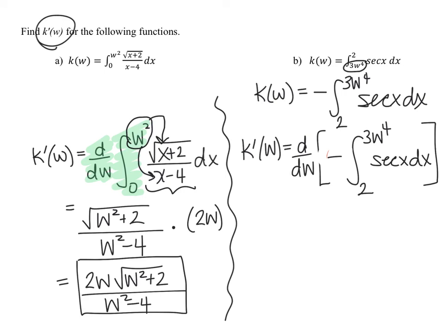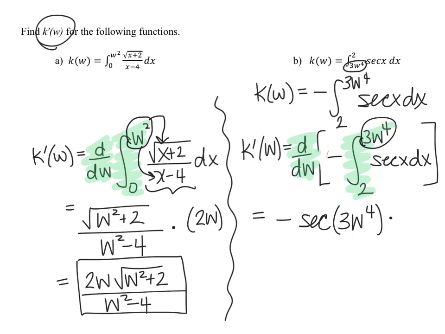So once again, we see that we're taking the derivative of a function, which is an integral. So that's the fundamental theorem of calculus part 1, where those are going to undo one another. We'll have that negative. So we'll be left with secant, however, not secant of x, secant evaluated at the upper limit of integration, which is 3w to the 4th power.